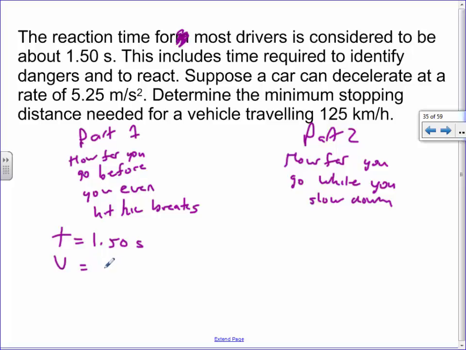It's not a velocity final or initial, because you're going the same speed the whole time, so I'm not going to put a VF or a VI next to it. I'm just going to say you're going 125 kilometers an hour. And the last thing is we're going to find the distance that you traveled during that.